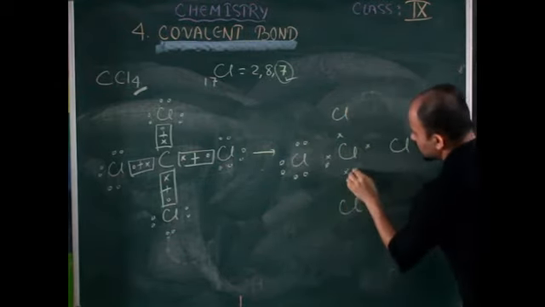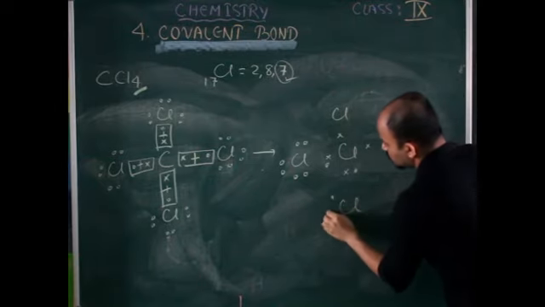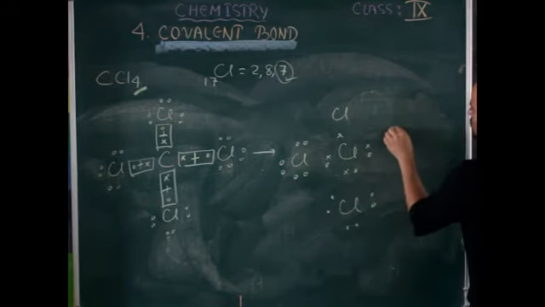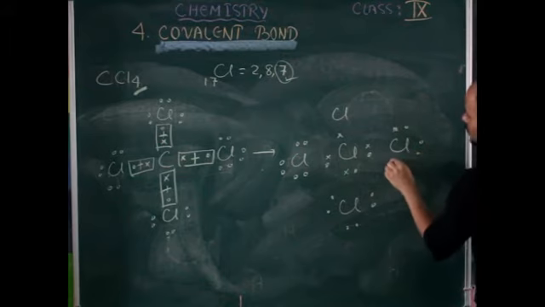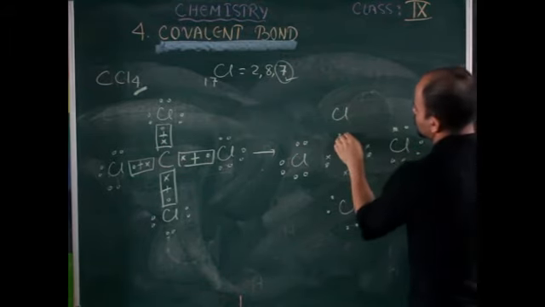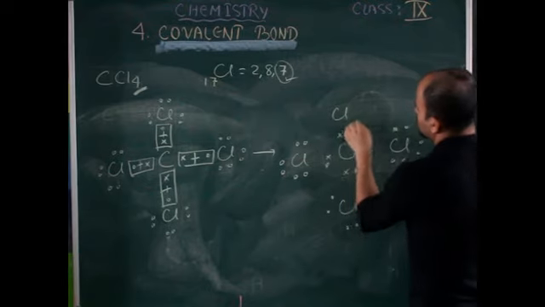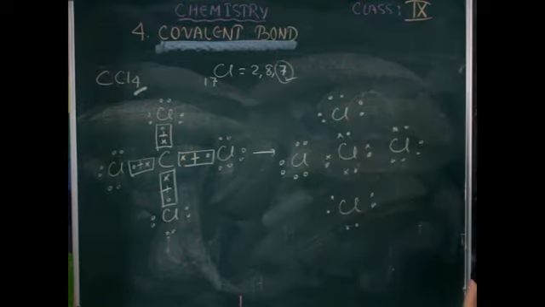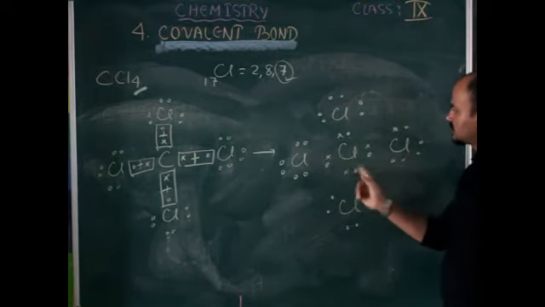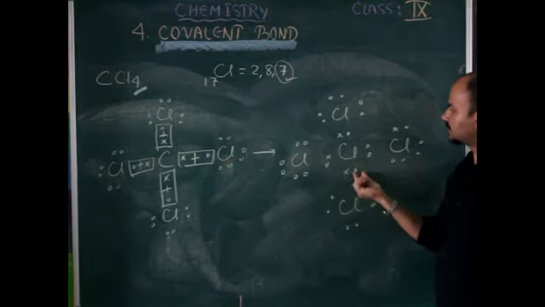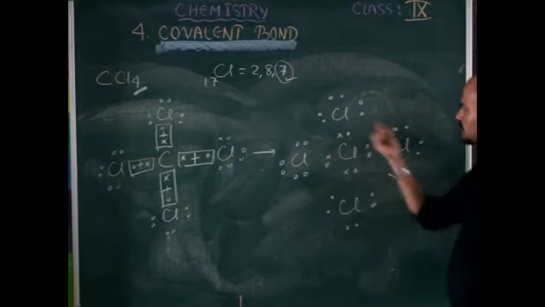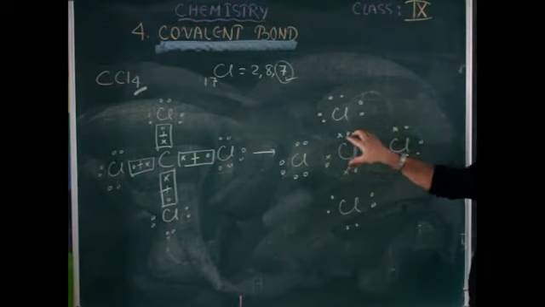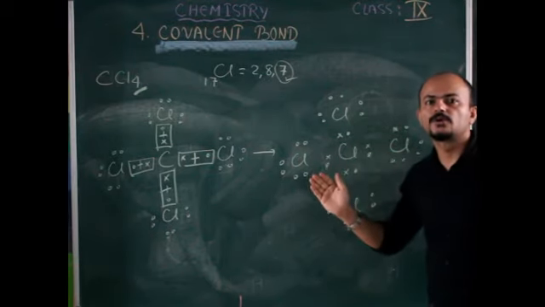Similarly, 1 electron from each of the other chlorines, with 2, 3, 4, 5, 6, 7 for each. You can see why these electrons are written together: 4 electrons from carbon and 1 electron from each of the 4 chlorines. They have come together and stayed together. This will result in the formation of covalent bonds.